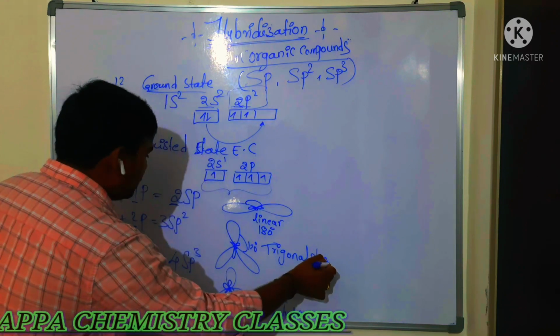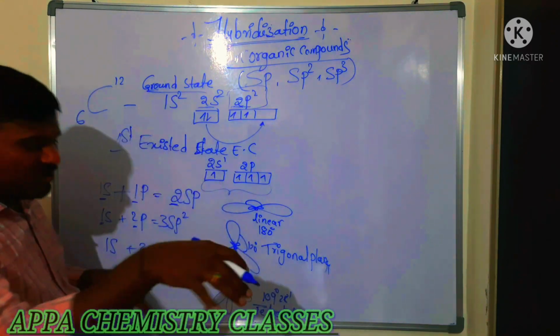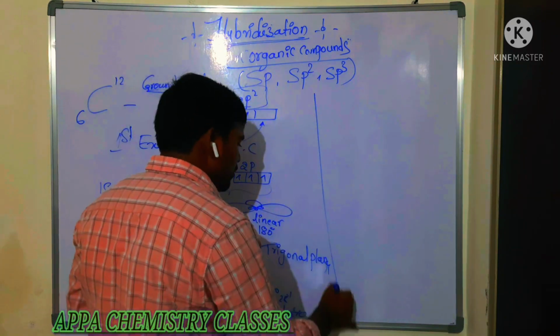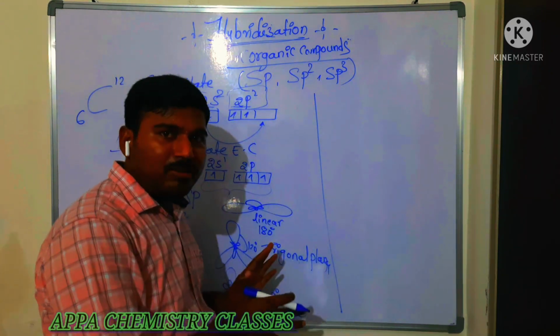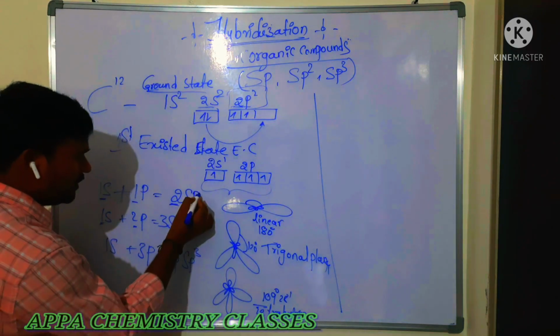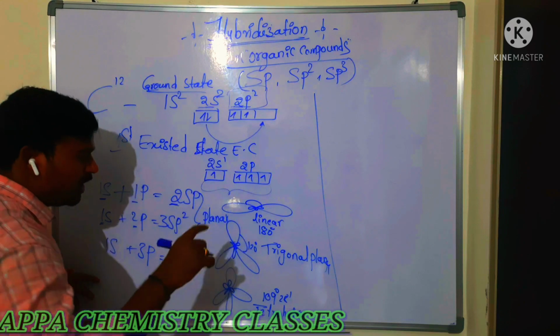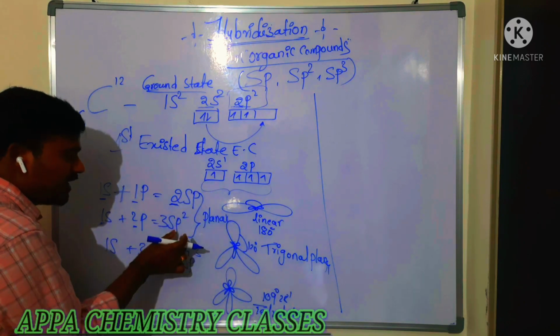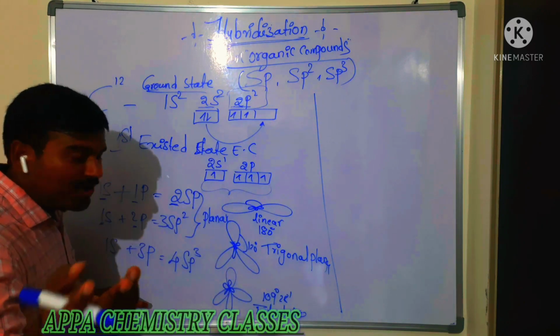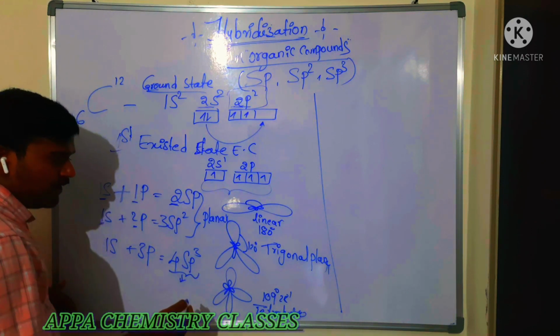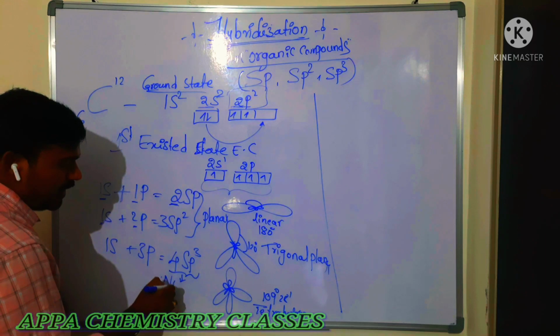So don't do all these things about hybridization; simply, I will tell you a shortcut. You do remember the structure and bond angles. Just now I told you sp and sp2 are planar. The molecules having sp and sp2 hybridization come under planar. The molecule having sp3 hybridization is a non-planar molecule.